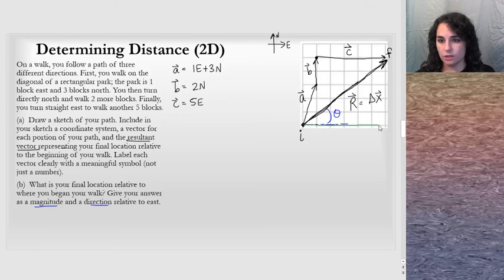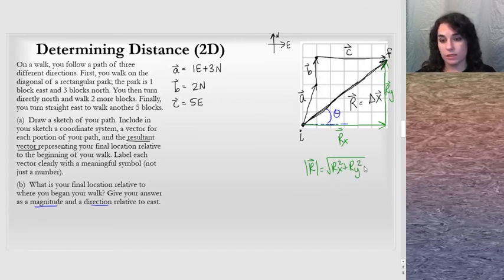It has an x component, which I am going to call Rx, and a y component, which I am going to call Ry. No surprise there. Okay, so if I wanted to find the magnitude of R, I could take Rx and square it and add it to Ry squared.